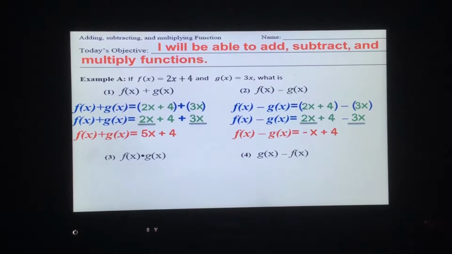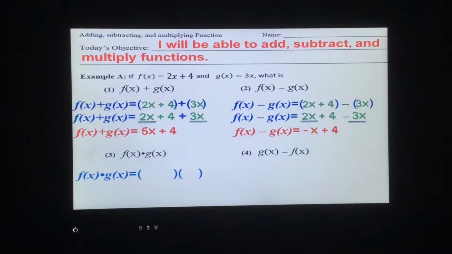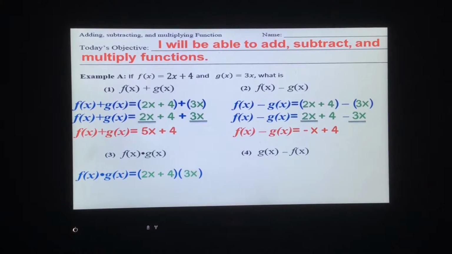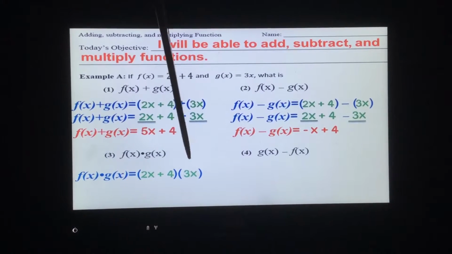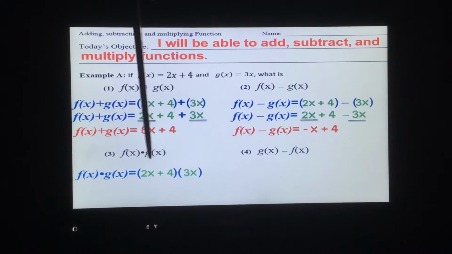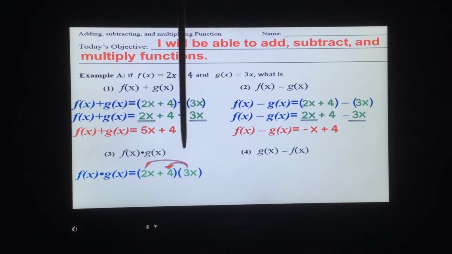All right, number 3, this symbol right here means multiplication. So they want us to multiply the functions together, multiplying the 2x plus 4 with the 3x. Since this is a monomial, you could put it out in front and distribute it, or you can just distribute it right here, because you know that they're being multiplied together.